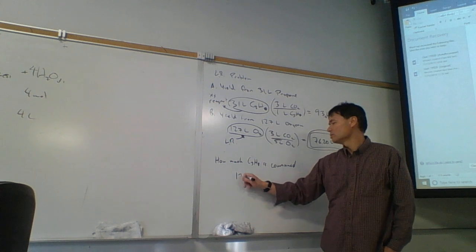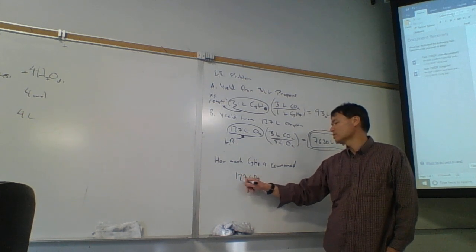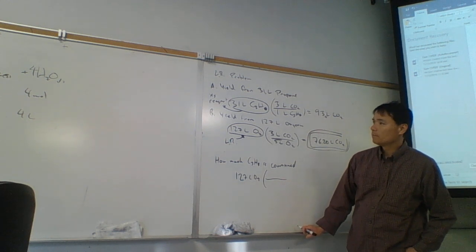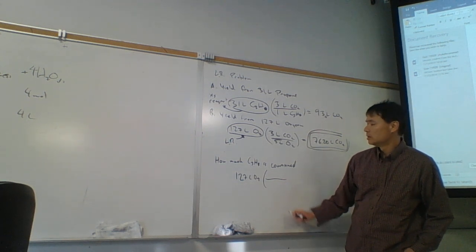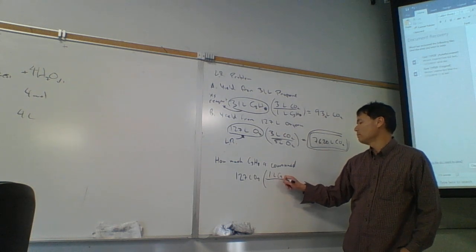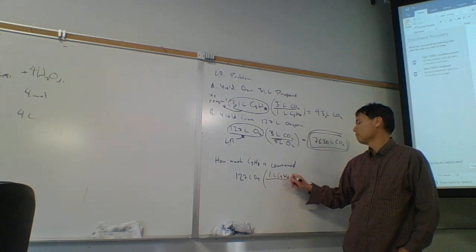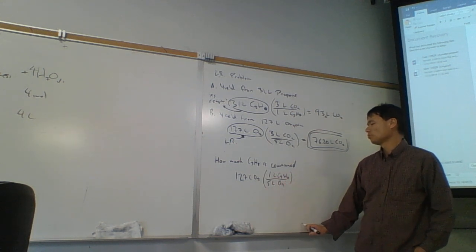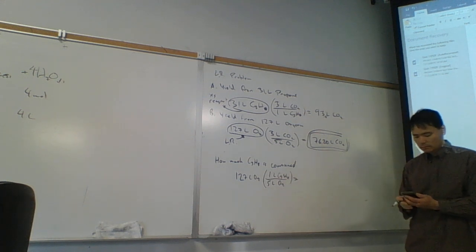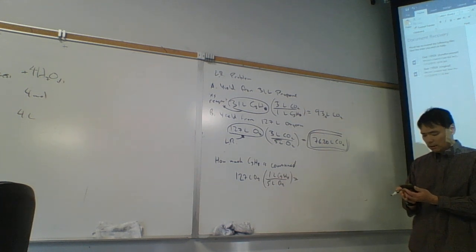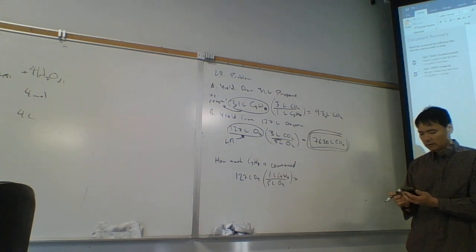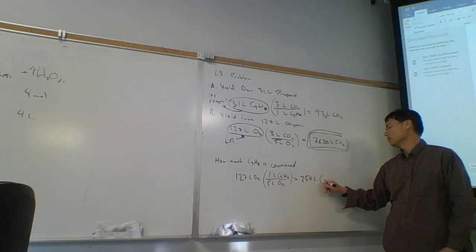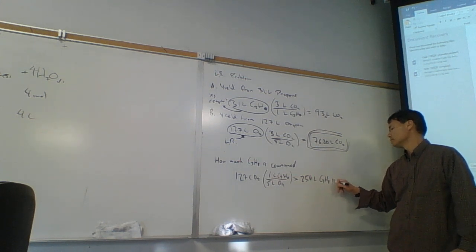So if we have 127 liters of O2, that's going to completely react. For every 1 liter of propane, we require 5 liters of O2. So this 127 divided by 5 is 25.4 liters of propane consumed.